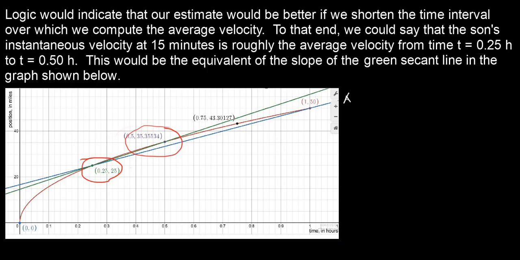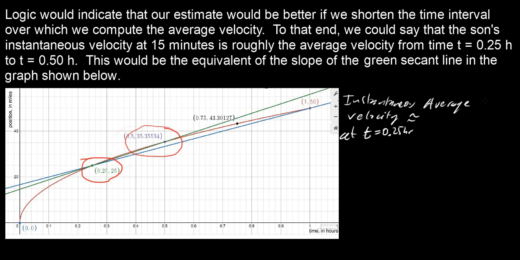So we're saying that the instantaneous velocity at 15 minutes, or t equaling 0.25 hours, is roughly equal to the average velocity from t equaling 15 minutes, or 0.25, to t equaling 30 minutes, or 0.5.